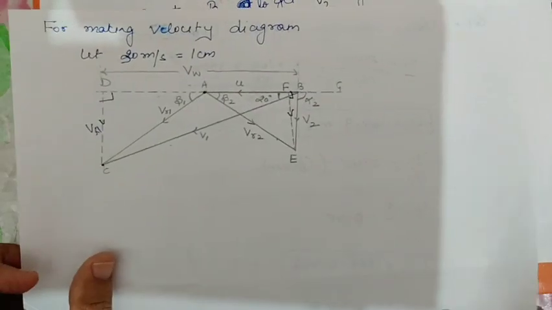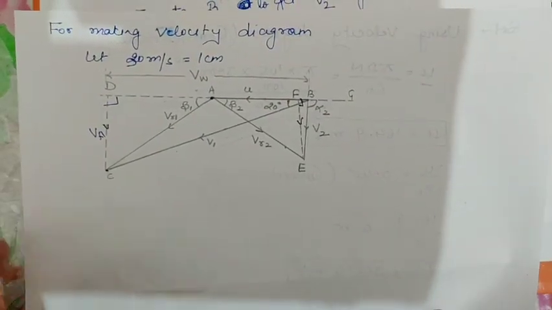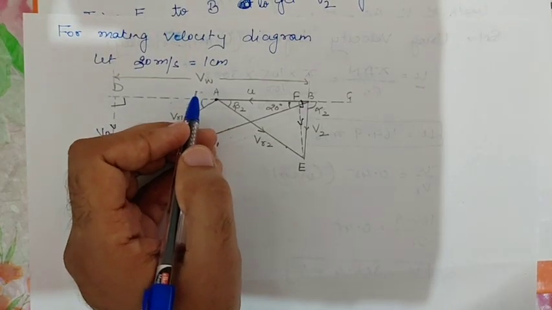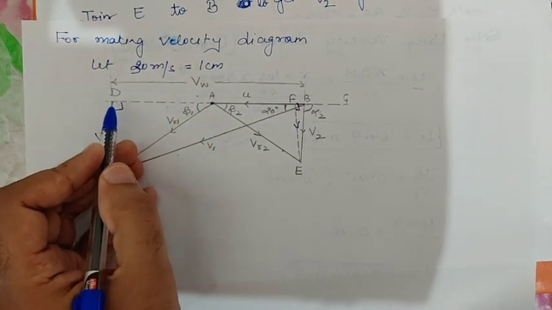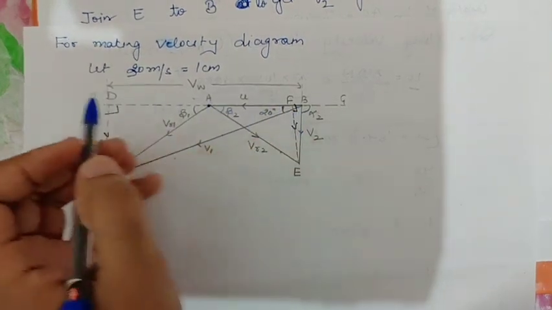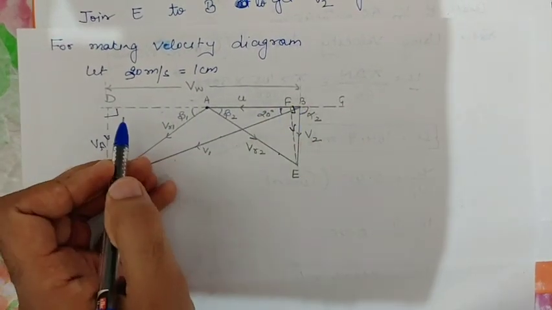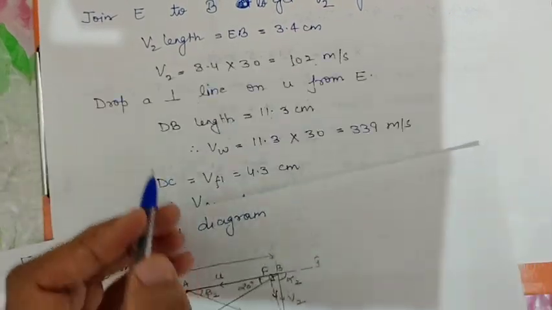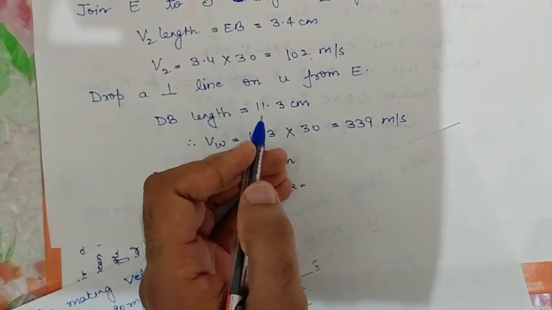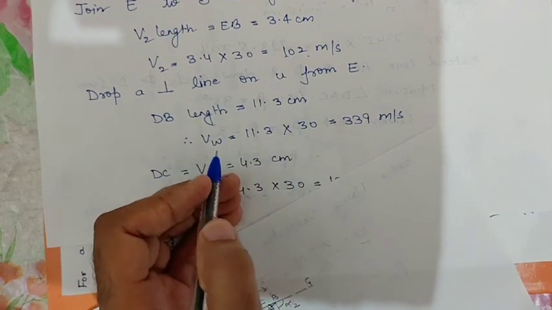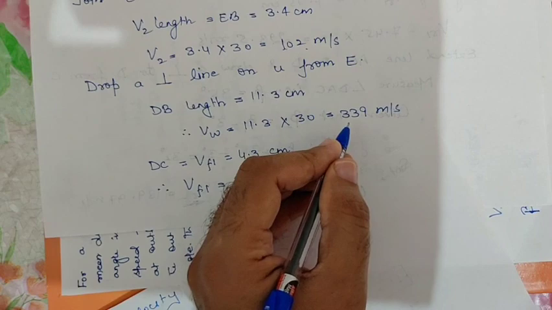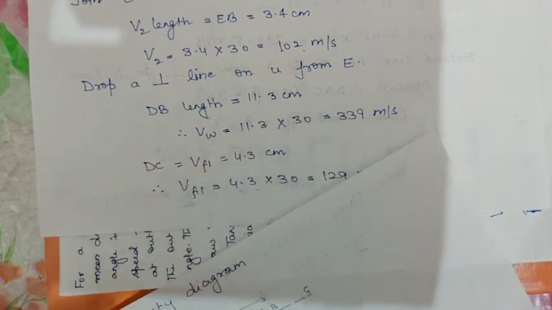Now next we have to find VW, the whirl velocity, and the whirl velocity is equal to the length of BD into 30. So what will be the length of BD? The length is 11.3 centimeters. So VW equals 11.3 into 30, that is 339 meter per second.